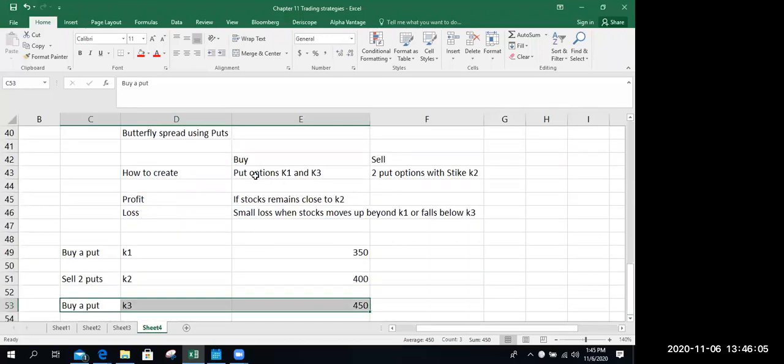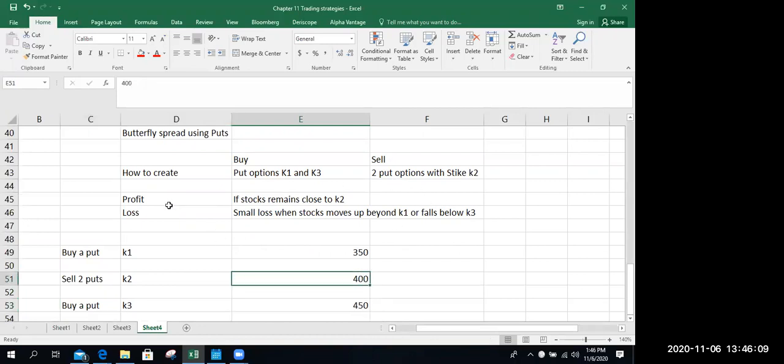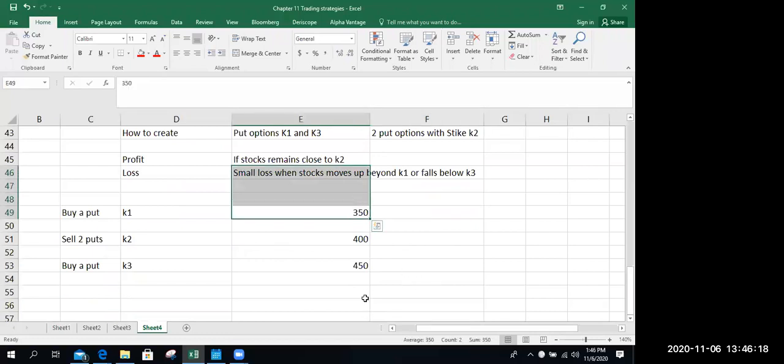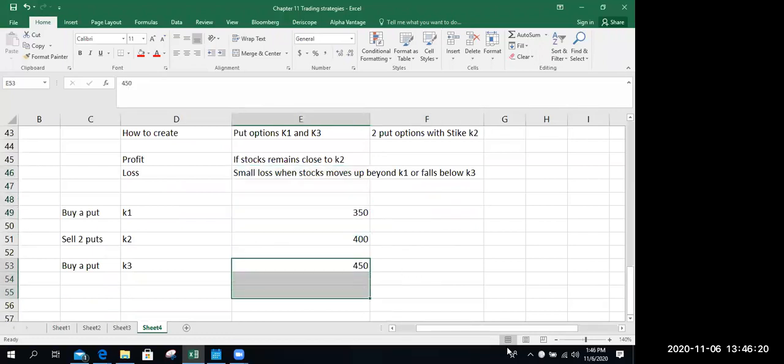So buy puts at K1 and K3 and sell two puts at K2. Profit if stock price remains close to K2. Small loss when stock goes beyond 350 or beyond 450.